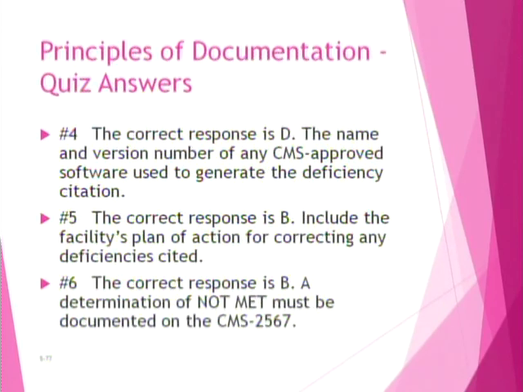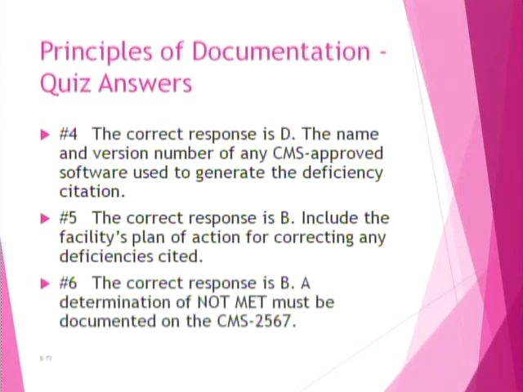Question 4, the correct response is D, the name and version number of any CMS approved software used to generate the deficiency citation. Question 5, the correct response is B, include the facility's plan of action for correcting any deficiencies cited. Question 6.